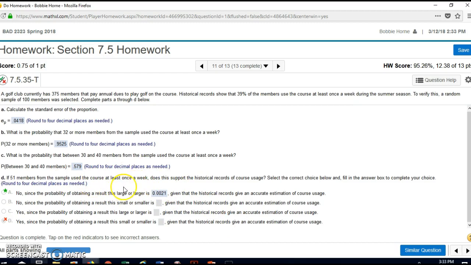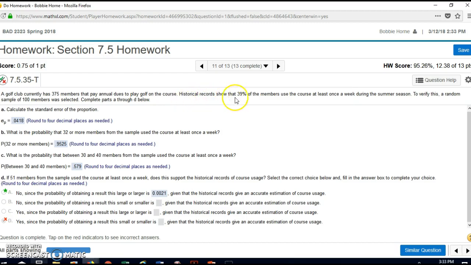So we have to say 1 minus 0.9979, which is the probability you will get. So the likelihood of that happening is 0.0021.